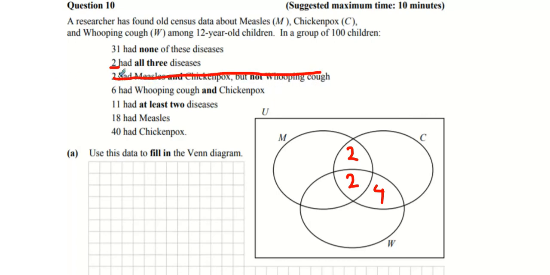Okay, so I've used that, I've used that, I've used that. At least 11 had at least 2 diseases. So 2, 2, and 4. All these sections here have to add up to 11. So it's 11 take away 2, take away 2, take away 4, which will leave us with 3 for the measles.